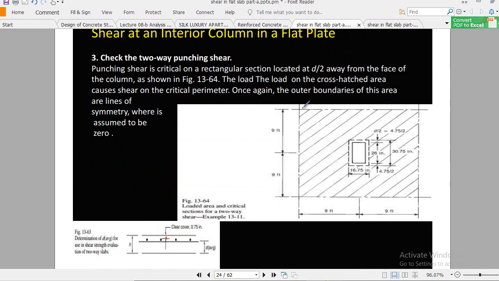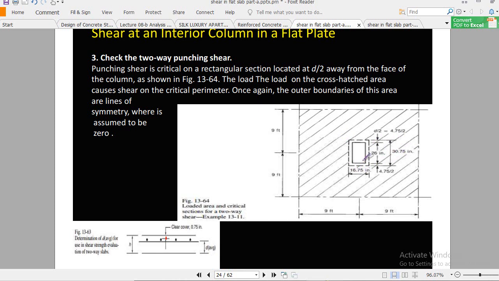For punching shear we have the 18 by 18 feet tributary area, and we have to find the area bounded by the critical section. We find one side of the critical perimeter and the other side: one side is 16.75, the other side 30.75.